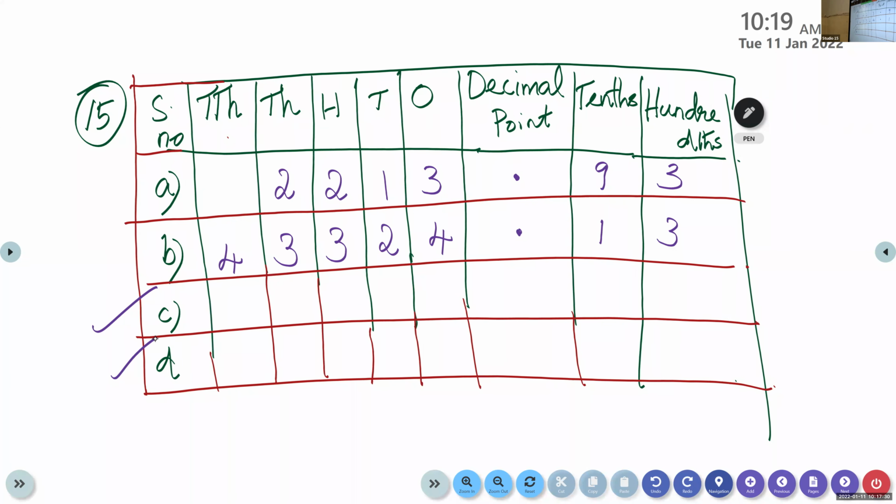Look at the question in your hand. Yes, children. Look at the question, then write. Only question number C and D you have to complete. Write the numbers inside the place value chart according to the place values.